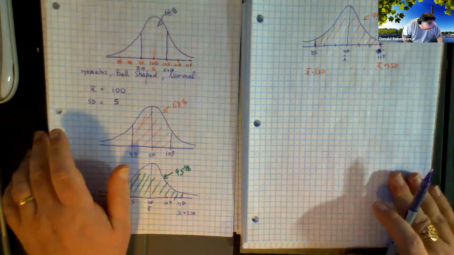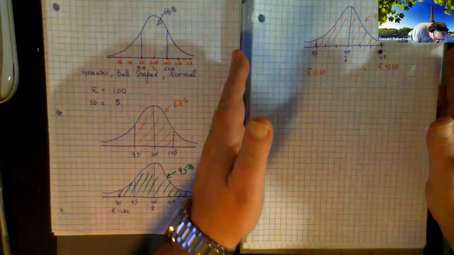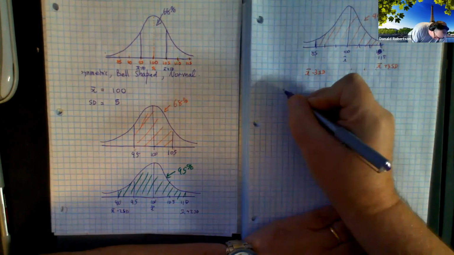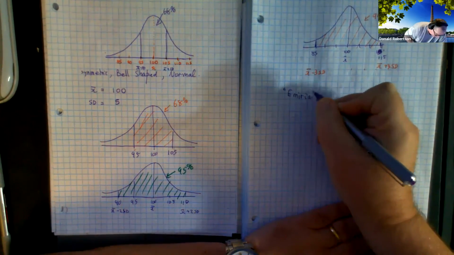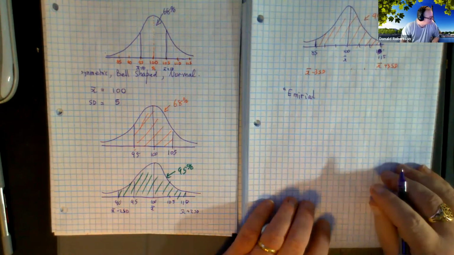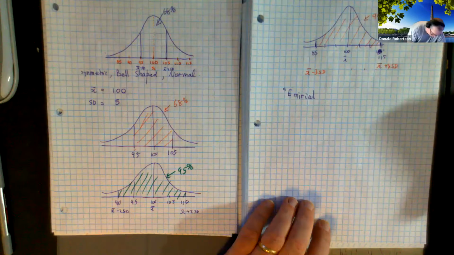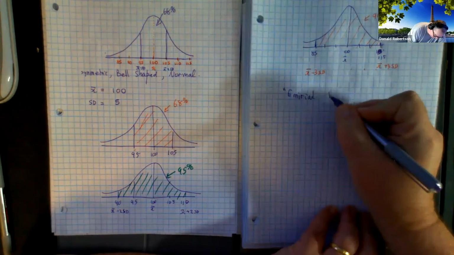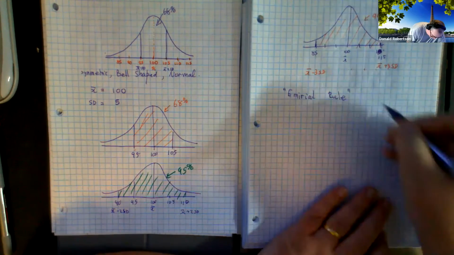This table, or this information, has a name. It's called the empirical rule. I just call it empirical table, but do they have a better name? Empirical rule. That'll do. This is called the empirical rule for bell-shaped data.